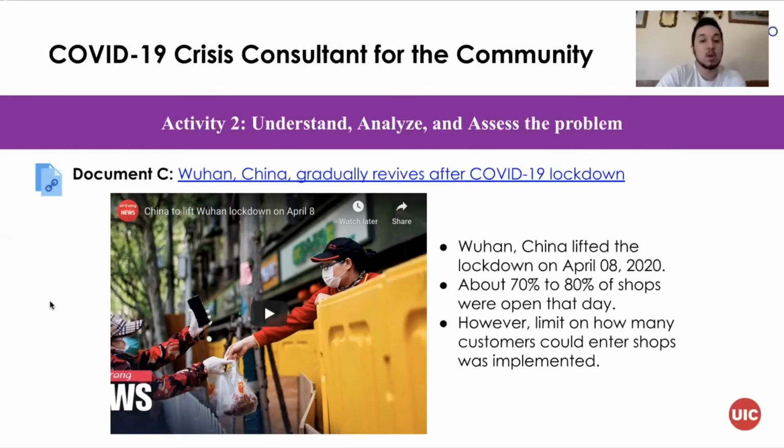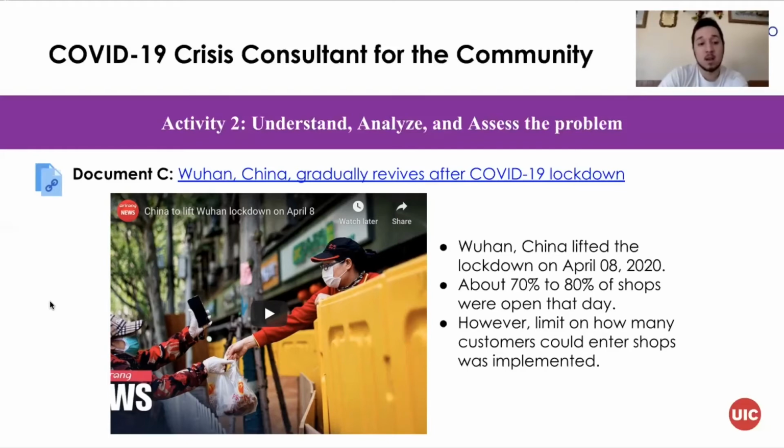As many of you know, the virus originated from Wuhan, China. So it follows the steps that they've taken. It gives you an international perspective. Not only can you compare and contrast some of the domestic policies we've been implementing, but we could also analyze international policies as well.